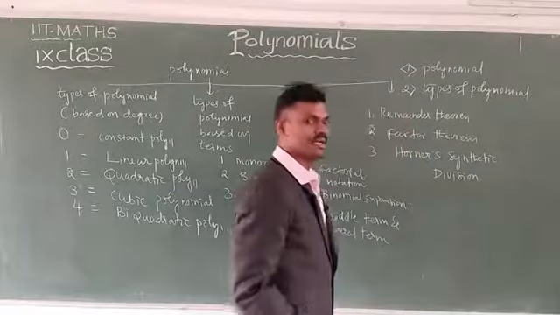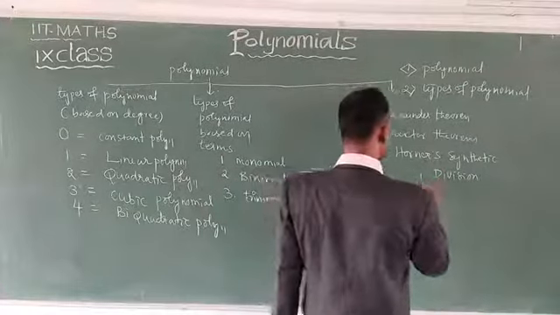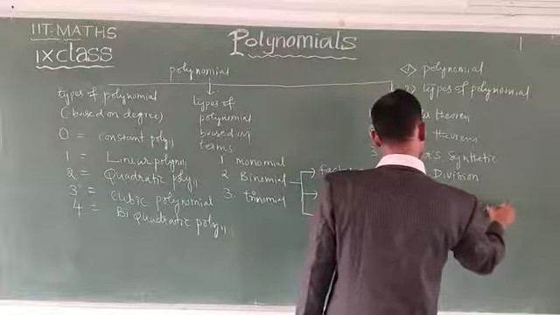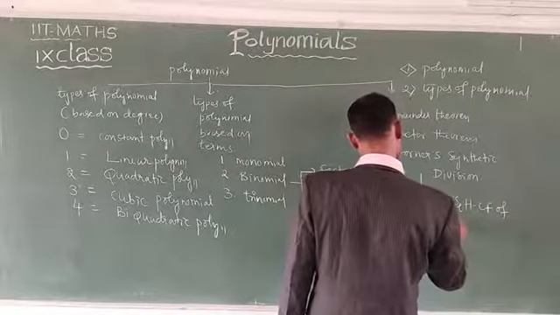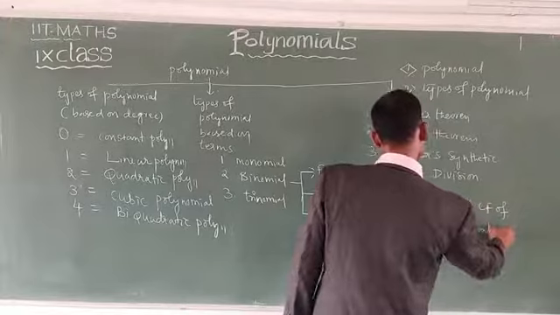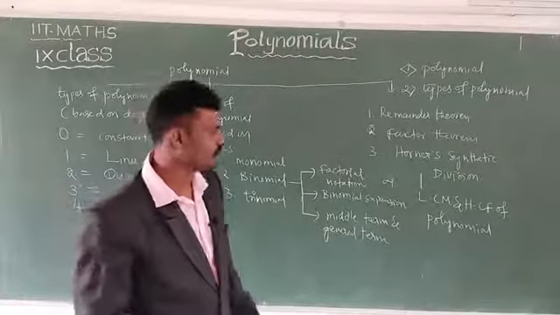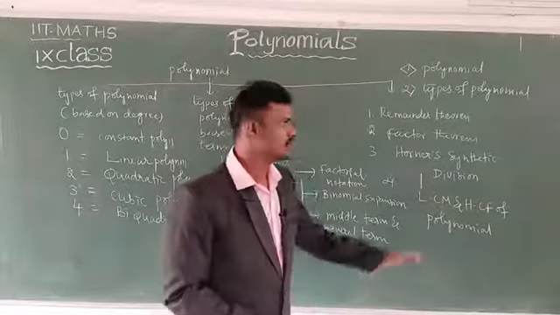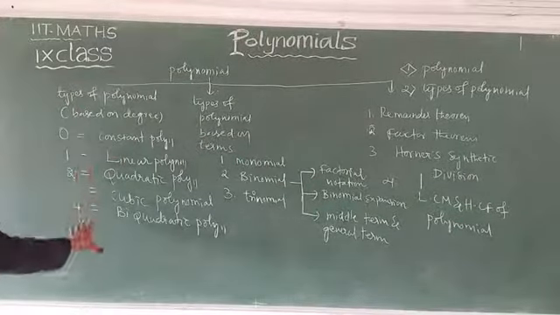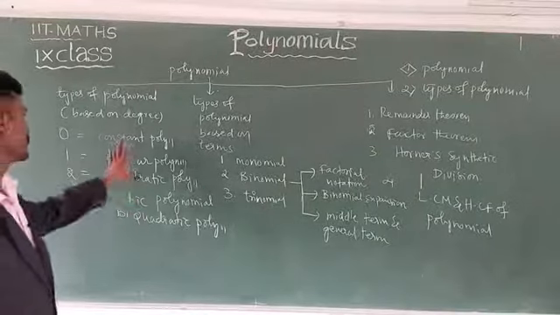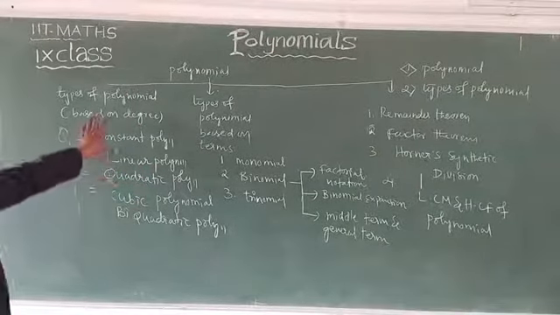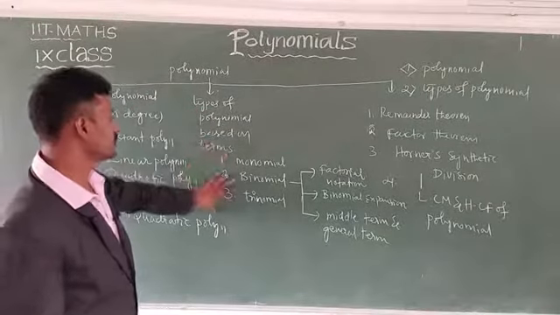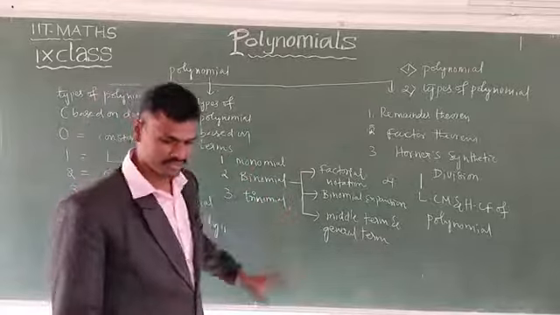Horner synthetic division. Thereafter, the last concept is LCM and HCF of polynomials. We know the LCM and HCF of numbers, but we have to apply LCM and HCF to polynomials. This is the flowchart. Each and everything we have to discuss. First today we have to discuss types of polynomials based on degree and based on terms. Up to here we have to discuss today.